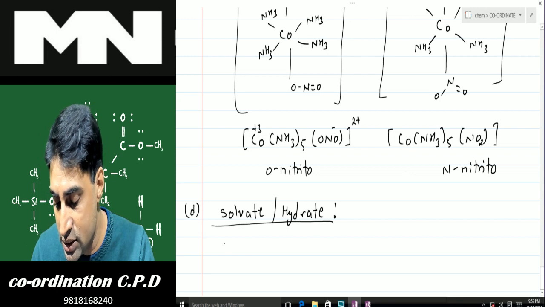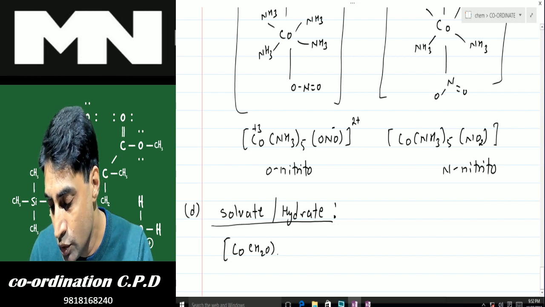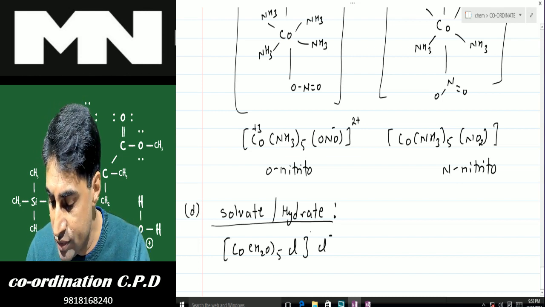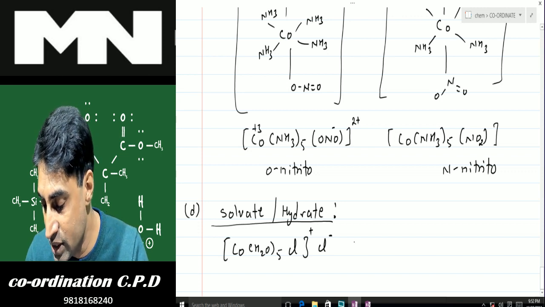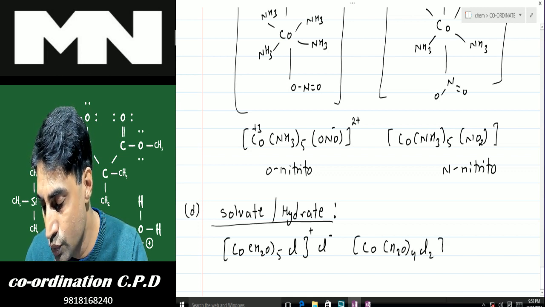Like say I've got a compound Co(H2O)5Cl and Cl. This Cl is negative, this has got a positive charge. The other compound I've got is Co(H2O)4Cl2 dot H2O.